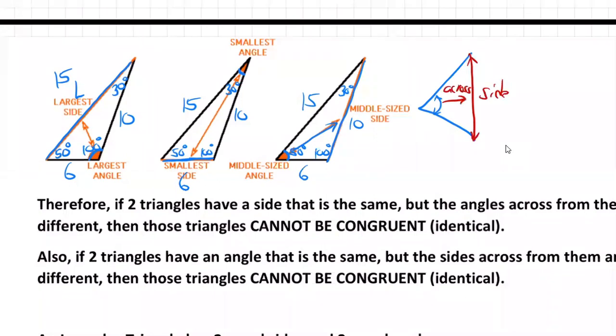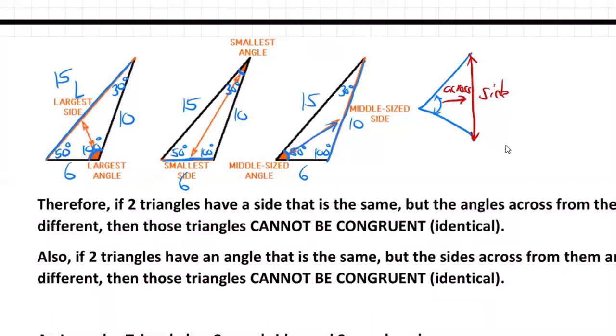Angles are connected with the sides across from them, aren't they? Okay, so let's use that thought to help us out. So again, in any triangle, the largest angle is across from the largest side, medium across from medium, and smallest across from smallest.